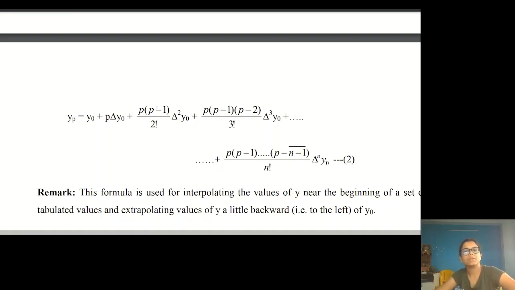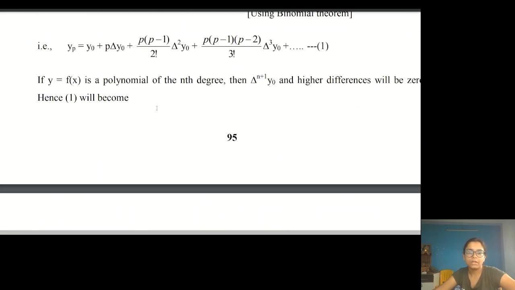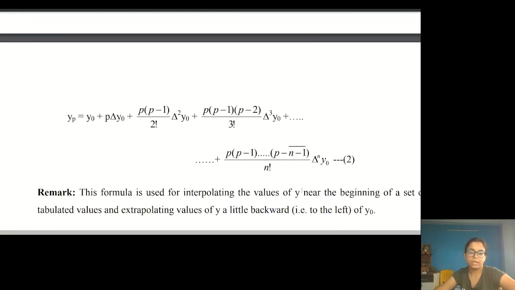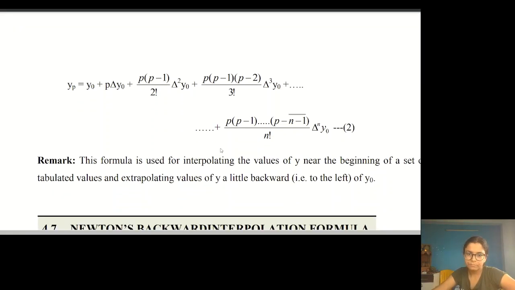This would give us the whole value of our data set, only the beginning of this data set and a little backward to the left of y naught.